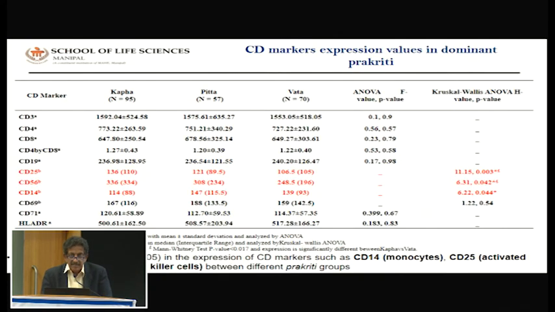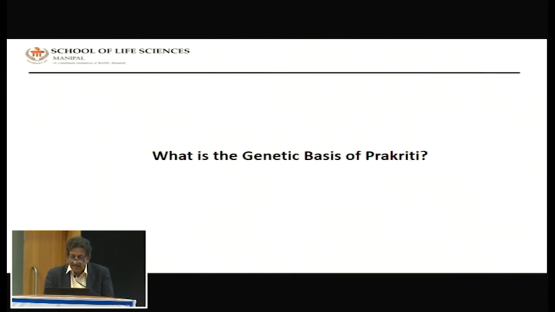What we find basically is that the CD markers CD25, CD56 and CD14 in fact can distinguish the individuals, whether it's the Kapha, Pitta or Vata Prakriti, because these belong to the categories of monocytes, activated B cells and natural killer cells, and there is extensive information available to tell why these can be different among the three Prakritis. Because of the shortage of time we will not be able to explain that at this point, but we can discuss that later.